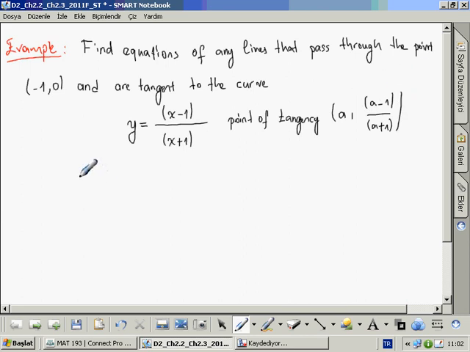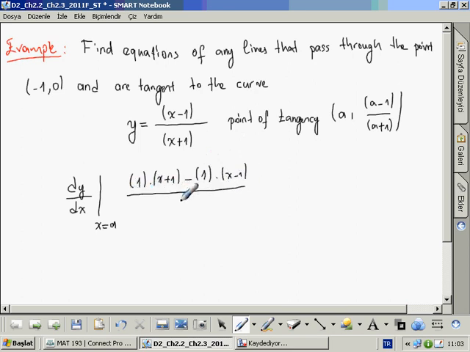And the derivative of y, del y over del x at x equals a, will be 1 times (x plus 1) minus 1 times the derivative of the numerator (x minus 1), over (x plus 1) squared. At x equals a, it is equal to 2 over (a plus 1) squared.